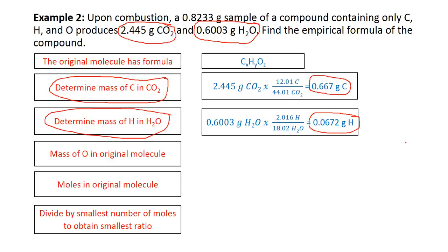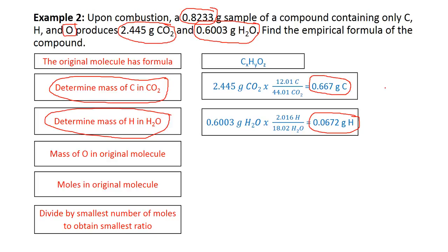Now we have the mass of hydrogen and the mass of carbon, but we don't know the mass of oxygen. So how do we obtain the mass of oxygen? We know that the original mass of the compound is 0.8233 grams.